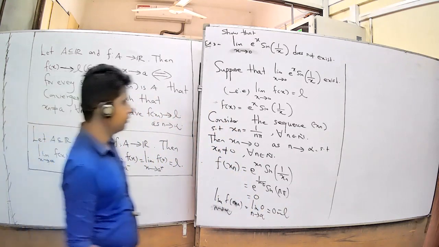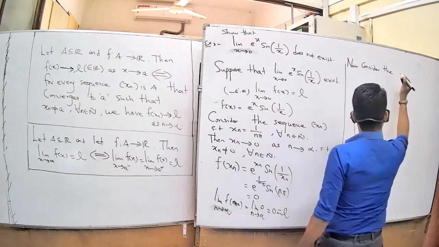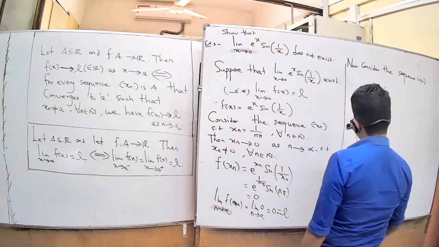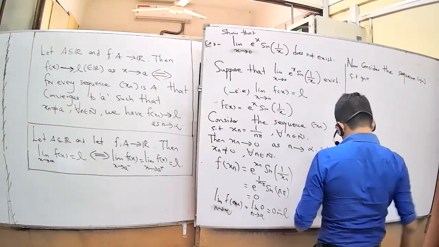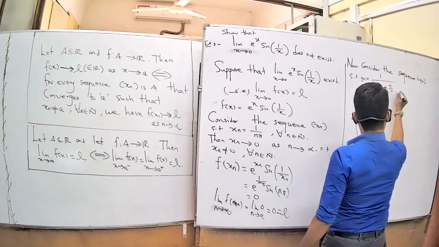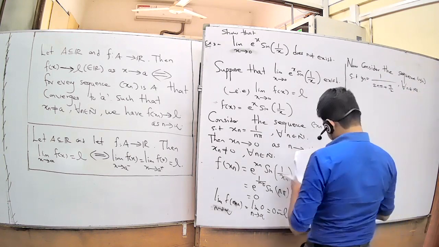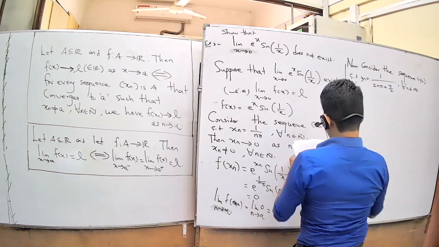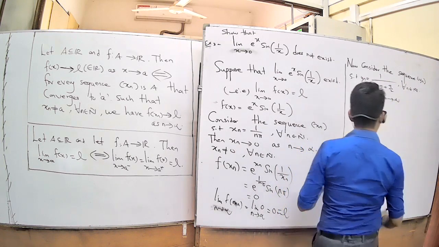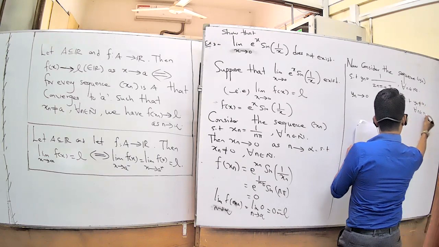Now consider another sequence y_n, such that you choose y_n equal to 1 over (2n pi plus pi by 2), n belonging to natural numbers. Then y_n tends to 0 as n tends to infinity, such that y_n is not equal to 0 for all n belonging to natural numbers.